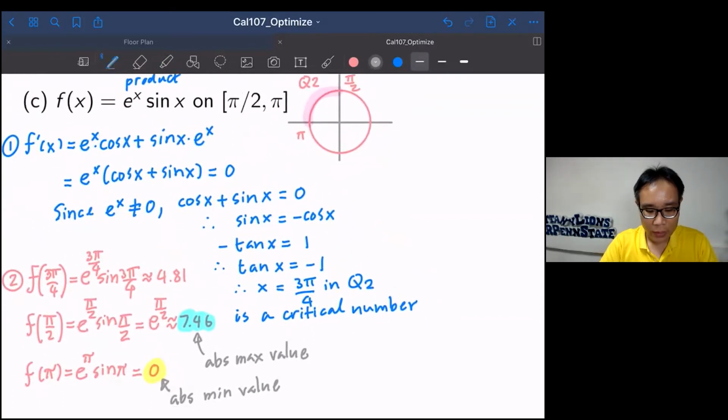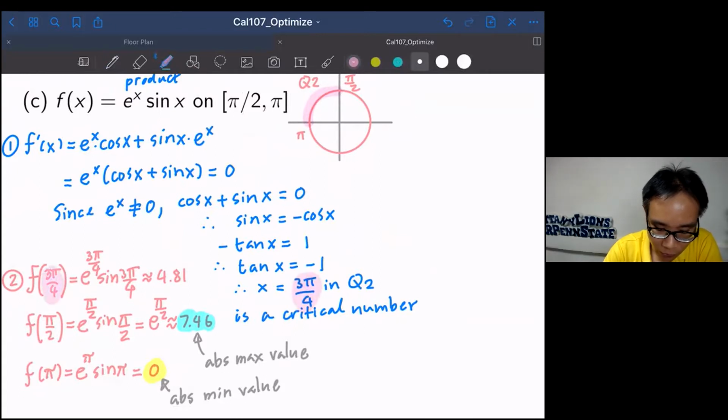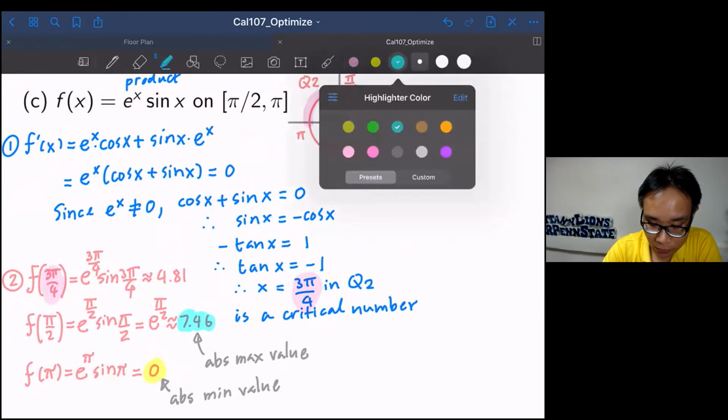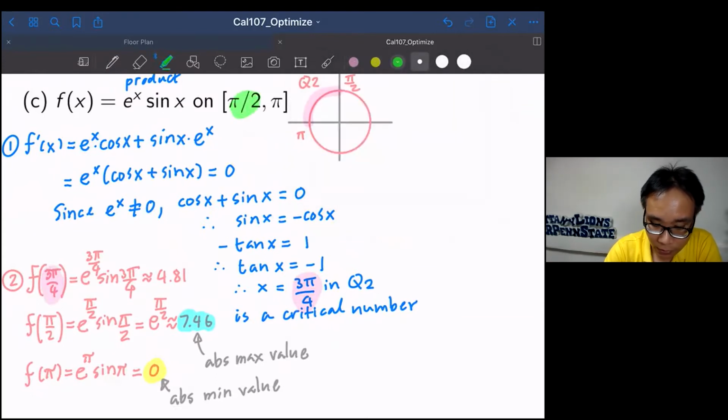And you see that you compute the value at the critical numbers. Okay, so in this case, you have the critical number equal to 3 pi over 4, and you're going to compute the value at the endpoints. So it's going to be pi over 2 up to pi.